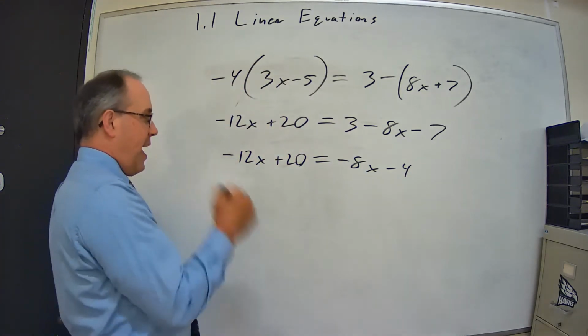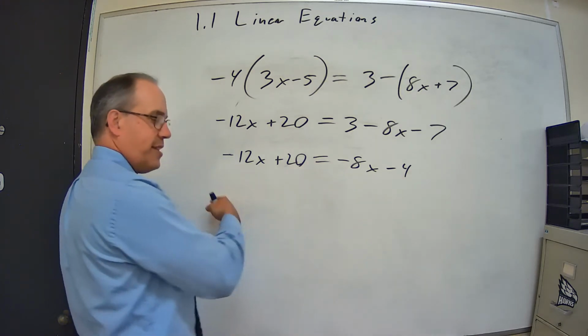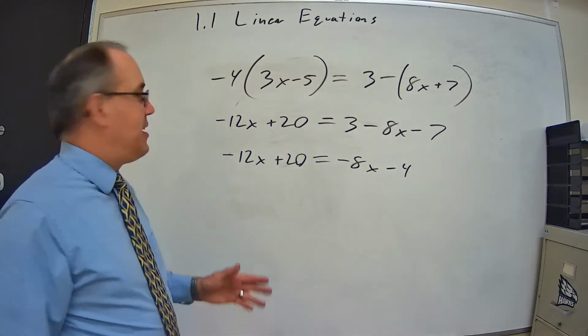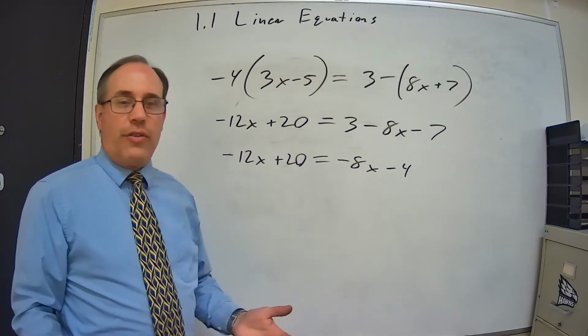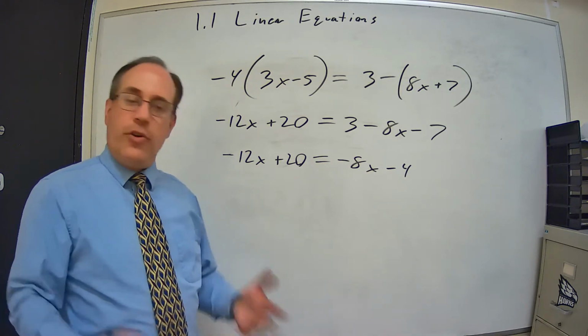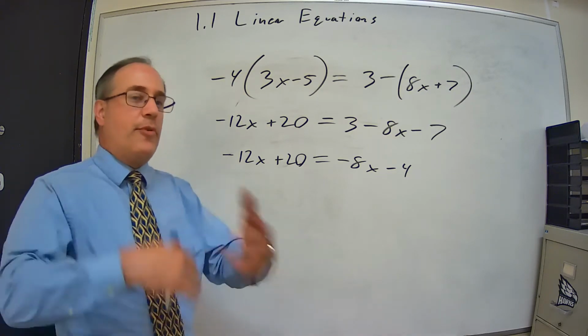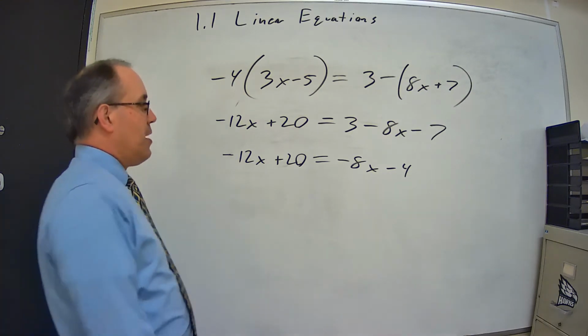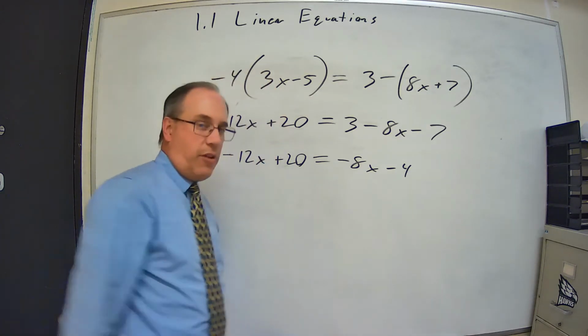Well, let's get the x's over to this side. I like to go the direction that makes the coefficient positive, but you don't have to do that. You just have to be careful if it's negative that you remember to do all the steps to get rid of it. Many people don't like to put the variable on this side when they're solving.